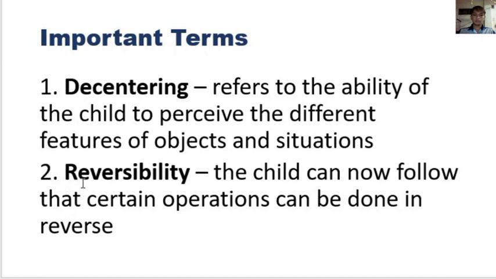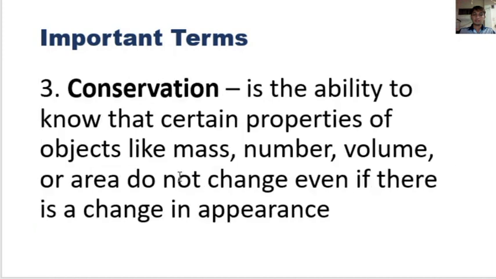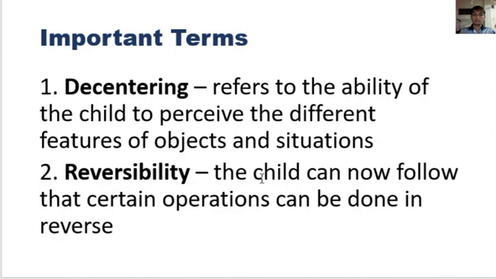So in number two, we have now reversibility. Reversibility means the child can now follow that certain operations can be done in reverse. So they now practice what we call reversibility. The example we gave earlier is 2 plus 3 equals 5.